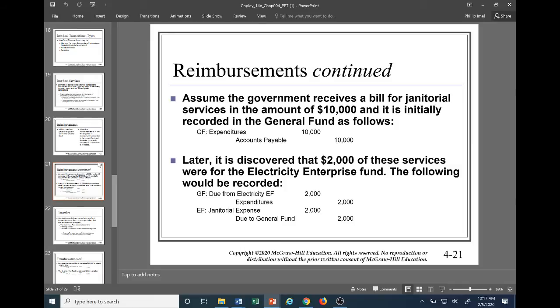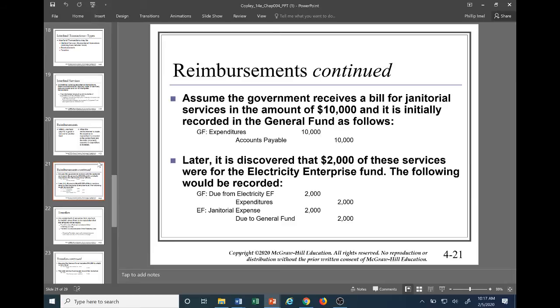We know they've already performed their services, so we owe them. At this point we have a liability. That's why it's going to be an expenditure. So expenditures of $10,000, accounts payable $10,000. Now that's set up. We've incurred the expenditure and we've set up the liability.